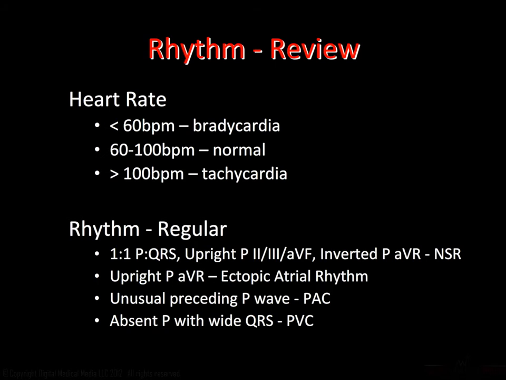We then look at the beginning of this premature beat. If there is a P wave in front of the QRS and the P wave is unusually shaped, then this is a PAC. If the QRS is wide and there is not a P wave in front, then this is a PVC. Let's now turn our attention to two very irregular rhythms.